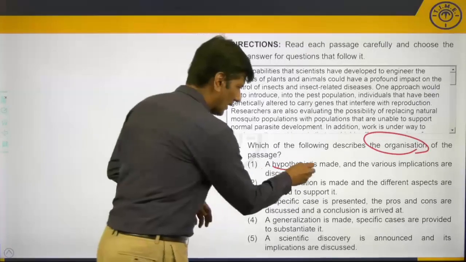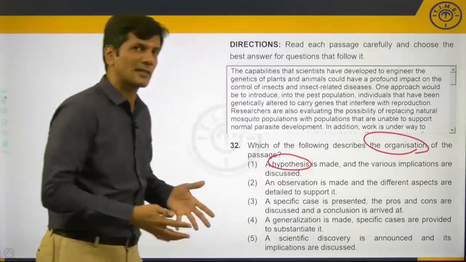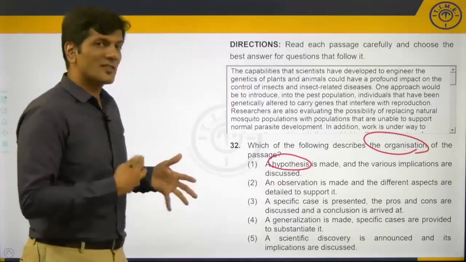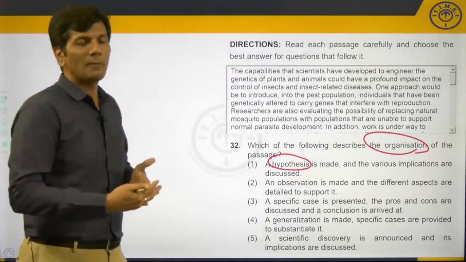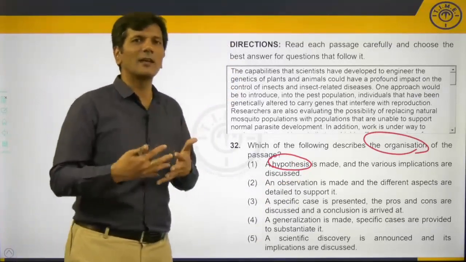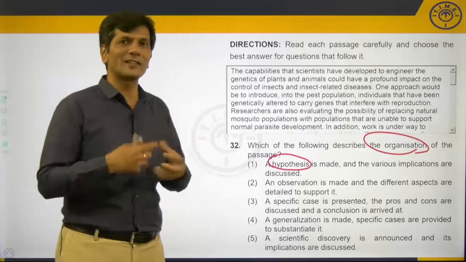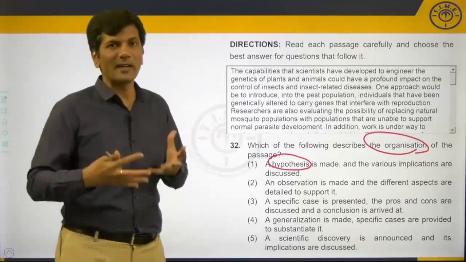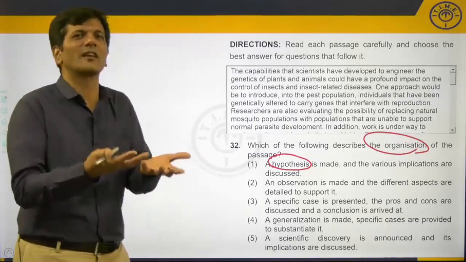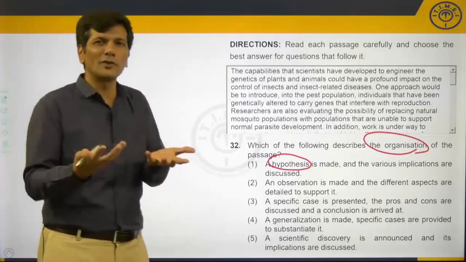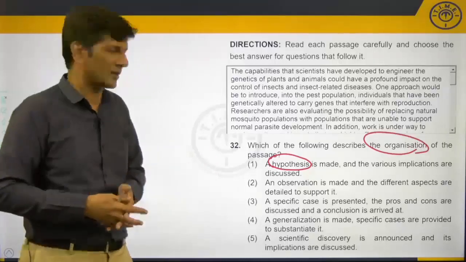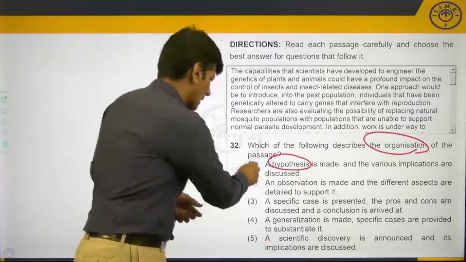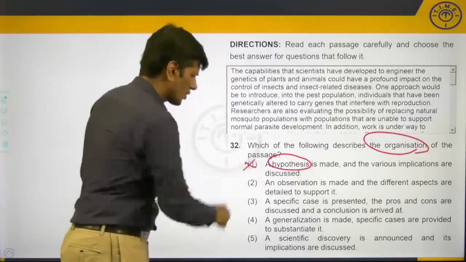I probably will have a problem with the word hypothesis here because it's not just a theory. All through the passage, the author has clearly given and evaluated different kinds of methods and research procedures that the scientists have been implementing and developing. So it's not just a theory per se, an unfounded theory that the author is really talking about. And so we eliminate choice 1.